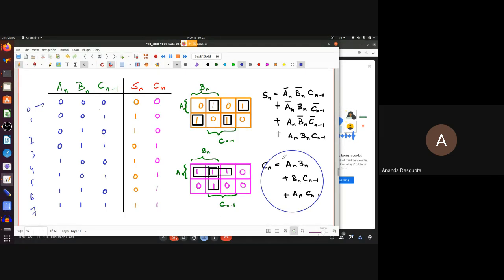Sn, on the other hand, this sum is actually not very simple, because if anybody has seen the Karnaugh map video, you would know that to simplify, what you need are large blocks of ones together. Unfortunately, here all the ones are sort of separated. So you have 4 terms, each of which are only singlets.